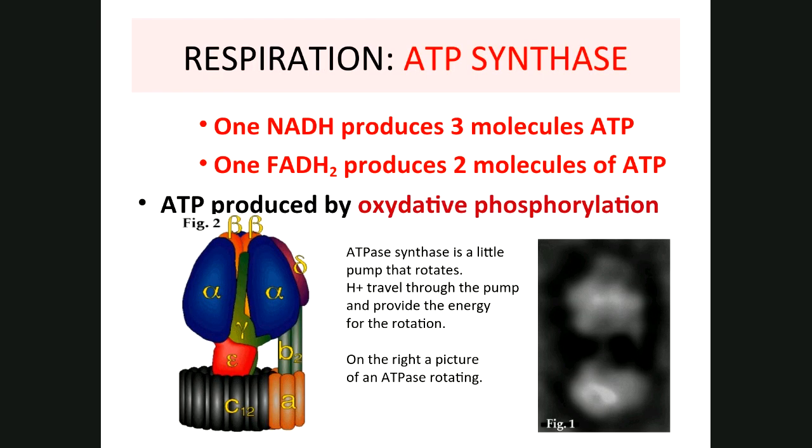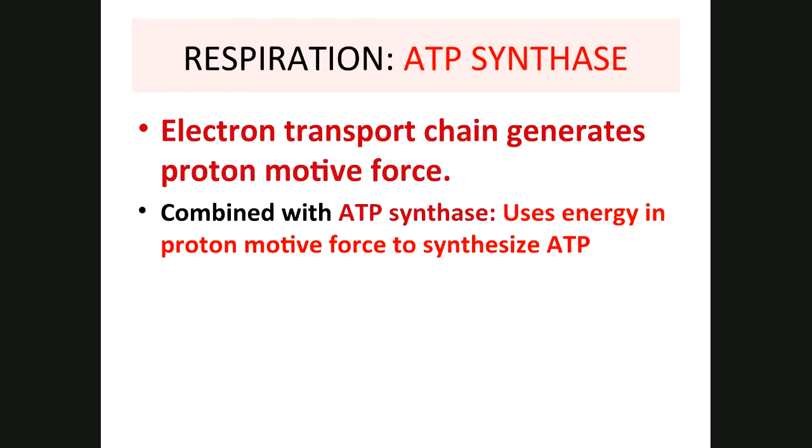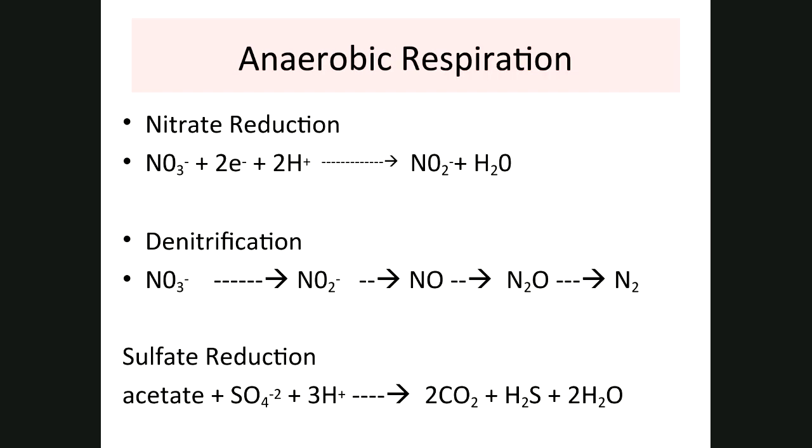No, nitrate does not make radicals as bad as oxygen because it's not as good an oxidizer as oxygen is. So it is not as poisonous as oxygen is. None of these anaerobic respiration organisms that use these other molecules are going to be damaged as badly as those of us that use oxygen.